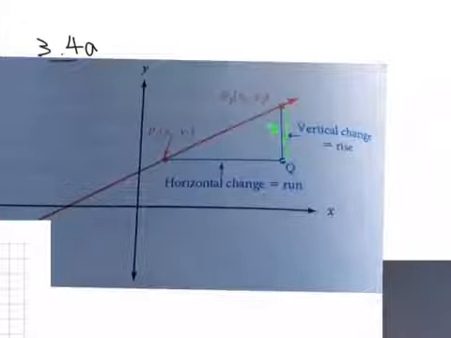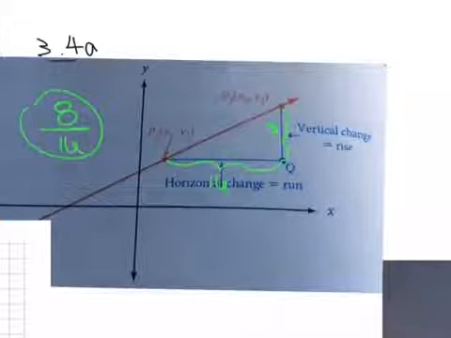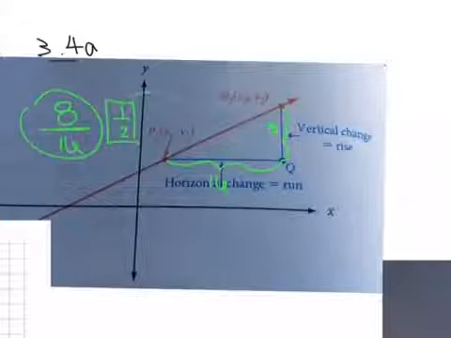So our ratio then is our vertical change, our 8, or our rise, as it's called, over our horizontal change, and let's say that this is 16. So that ratio is the slope, and 8/16 reduces to 1/2. So the slope of that line right there is 1/2.